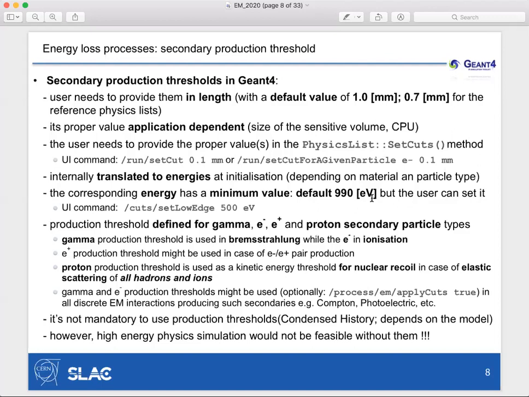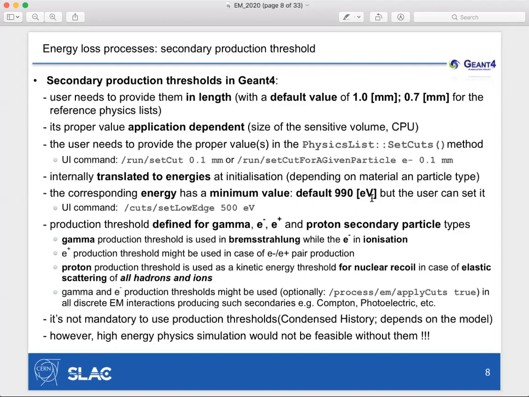And if you see any difference between the two simulation results beyond the speed up that you see, then it means that your secondary production threshold is probably not a good value. You will see a bit more why.